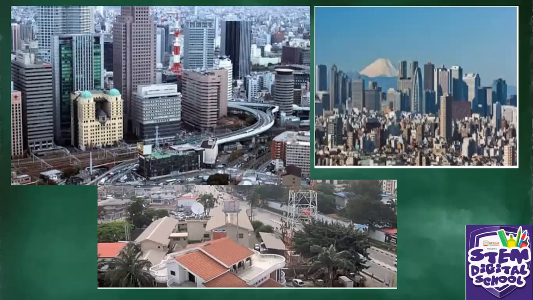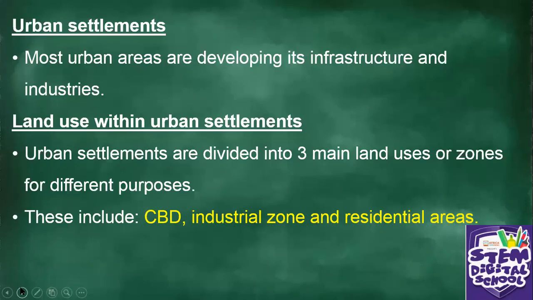So these are urban settlements. So most urban areas are developing its infrastructure and industries in urban settlements. And then we look at land use within urban settlements. How is the land used in urban areas?